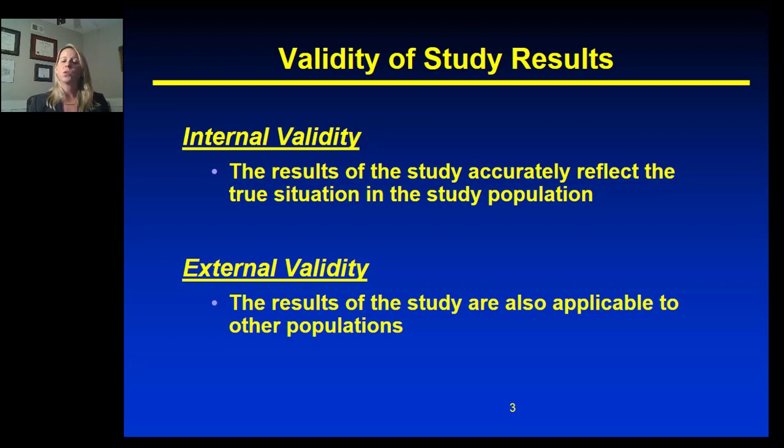External validity is when we are interested in if the results of our study are applicable to other populations. So you often hear researchers talking about how these data were internally valid, but they may lack external validity because the population who was studied may not be generalizable to the overall intended population or population at risk.